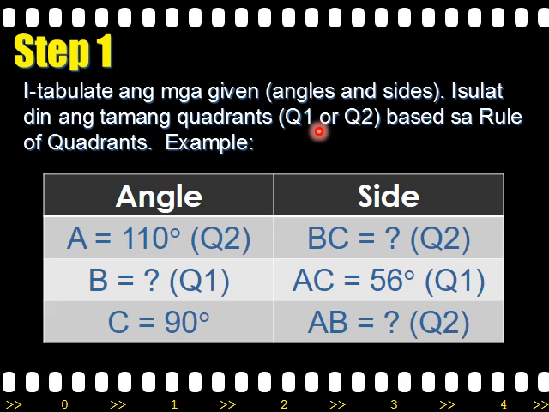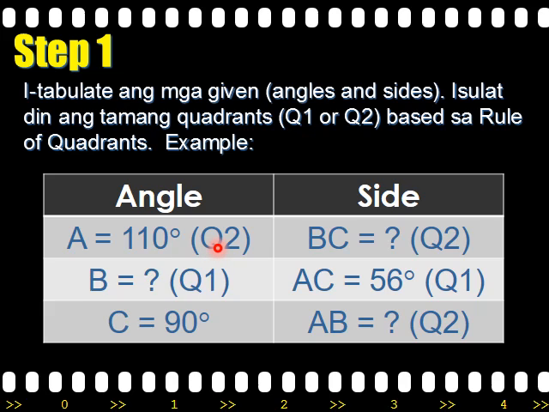So, for example, okay, ito. Meron tayong triangle ABC. Okay? So, pag pinlat natin yung angles, tapos nandito yung sides, katulad na pinakita ko sa inyo kanina. Assuming dito na ang given is meron tayong given na angle A. Si angle A is 110 degrees. So, since this angle is greater than 90 degrees, ibig sabihin nasa quadrant 2 siya or Q2.